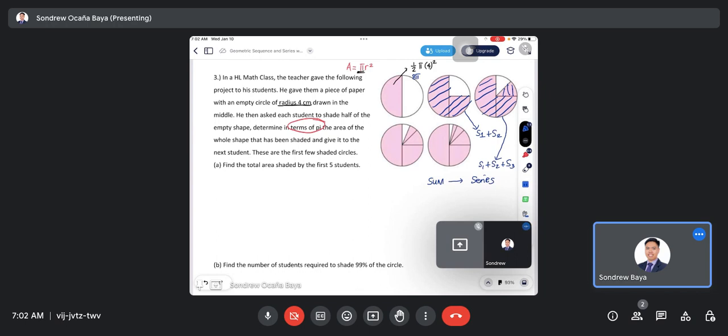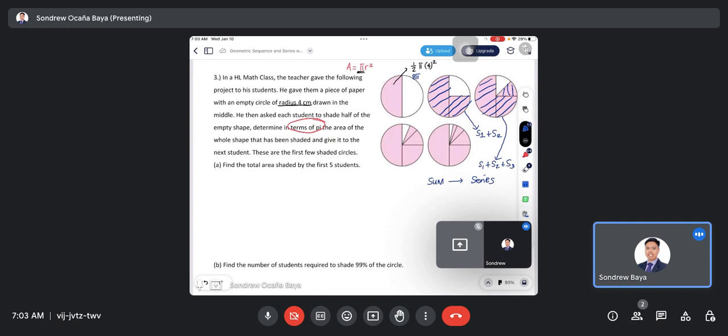Now, next. What kind of series? Is it geometric or is it arithmetic? If you observe the amount of area shaded by the first student going to the second, going to the third, it is not the same. For it to be arithmetic, the increase or the decrease must be uniform, or must be constant. But because it's not constant, it must not be arithmetic. Obviously, there's no other sequence that we've discussed, so we could predict this to be geometric.